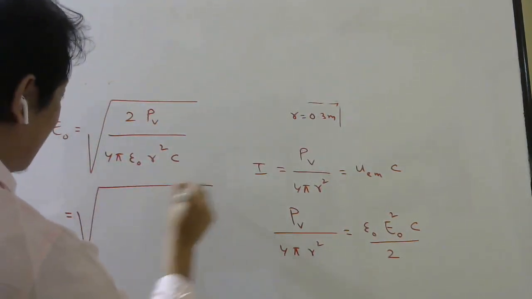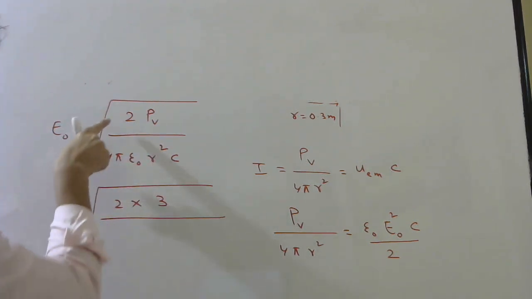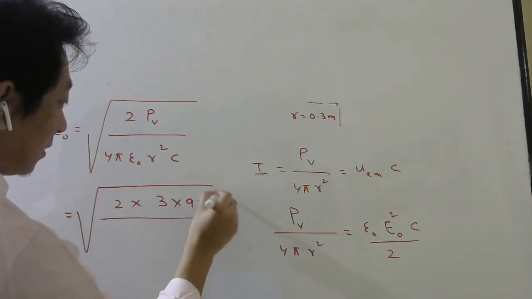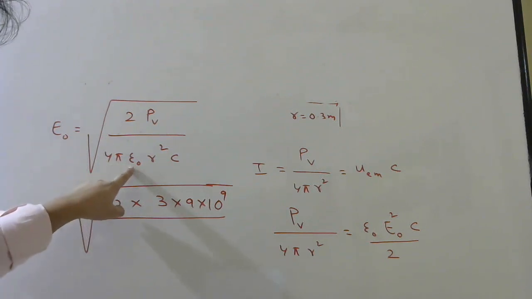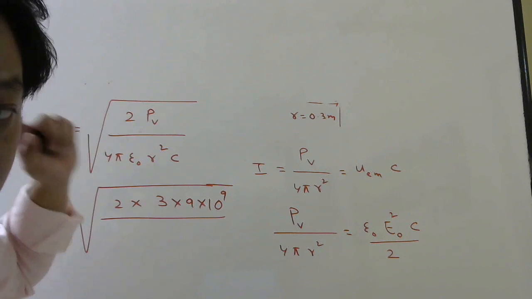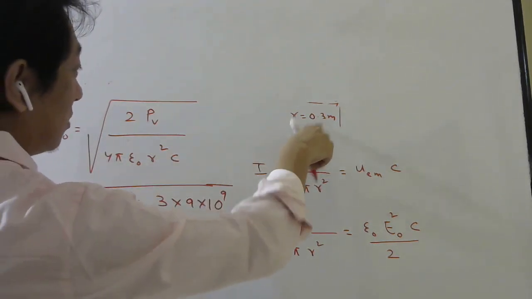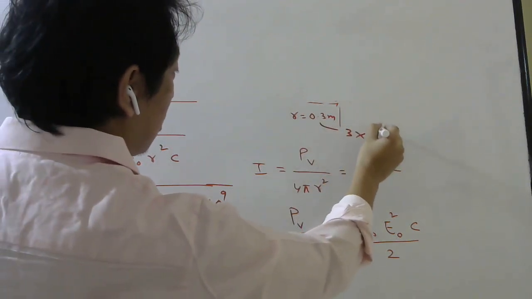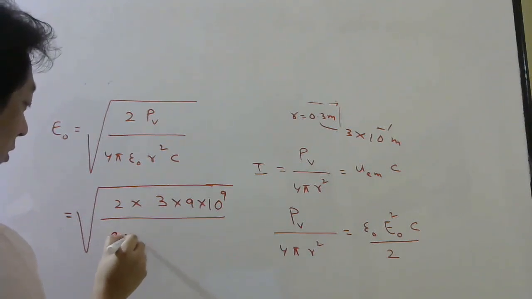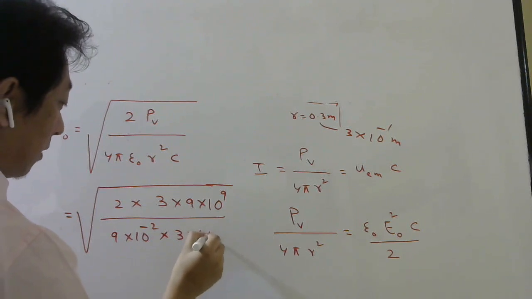Power of the visible radiation was 3 watt. Now see here, 1 by 4 pi epsilon naught you can write 9 into 10 power 9, so don't substitute the value of epsilon naught and pi. We know this from the electrostatics chapter. R is 0.3, 0.3 means 3 into 10 power minus 1 meter. If you square this, it will become 9 into 10 power minus 2. Speed of light is 3 into 10 power 8.